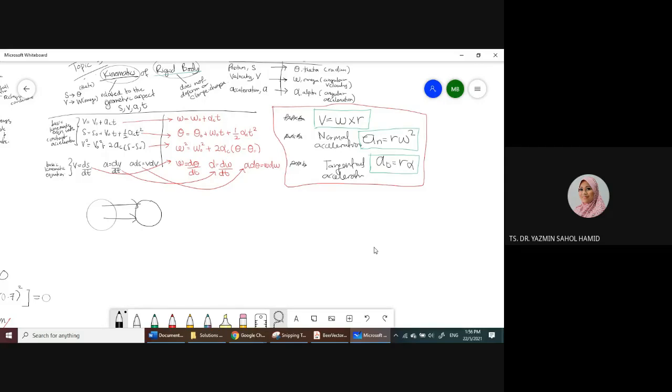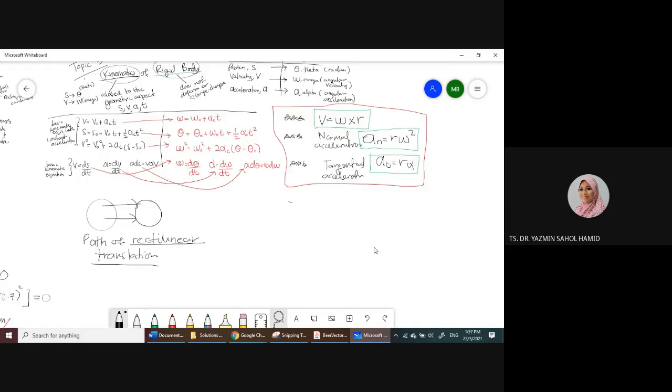So if you look at this, this path is what you call path of rectilinear translation. Rectilinear means moving in a straight line. Translation means it moves from this position to the other position.